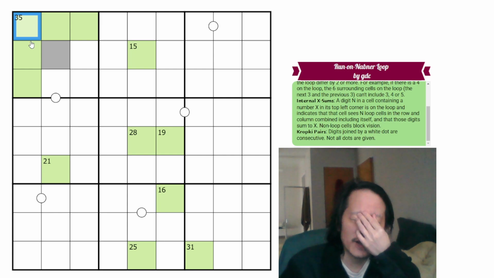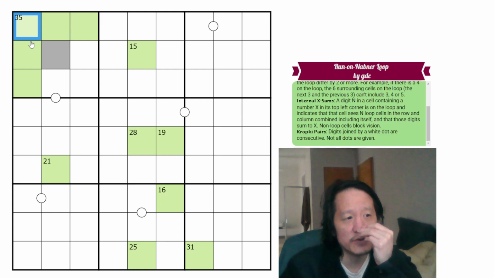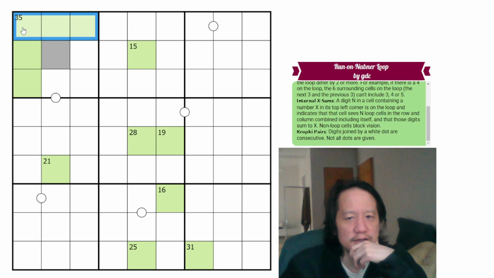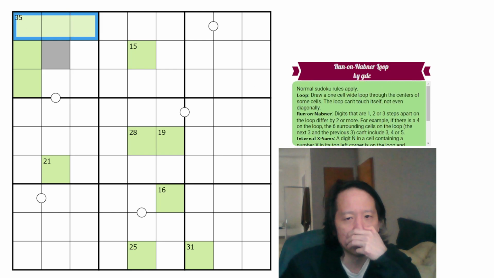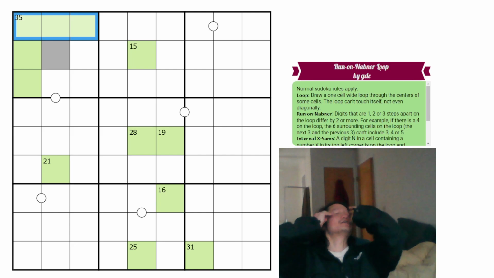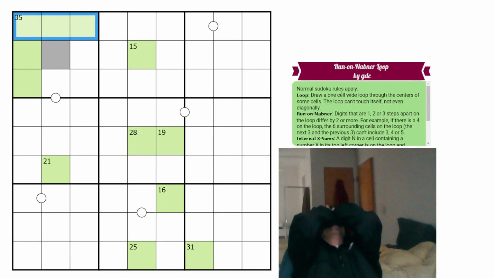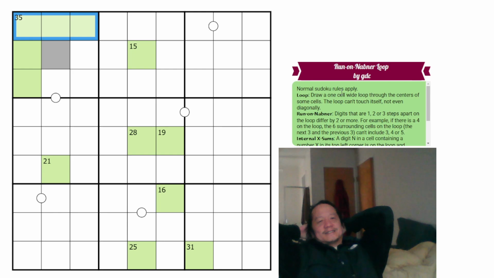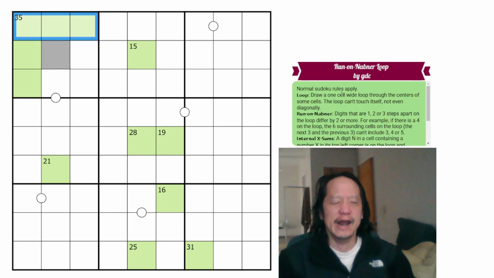If it were 5, the problem is that you would have to have 6, 7, 8, and 9, adding up to the 35. But because of the Renban loop part, you can't have 5, 6, 7, 8, and 9 added up to that, because 6 would be consecutive with it, and it would be within 3 of it, right?